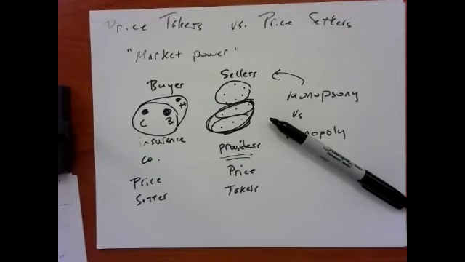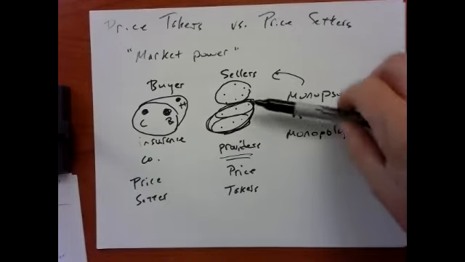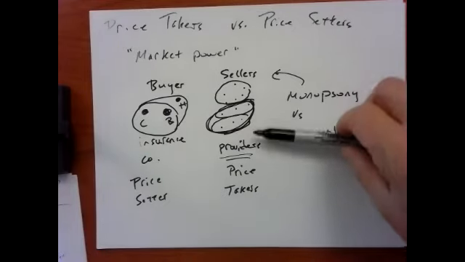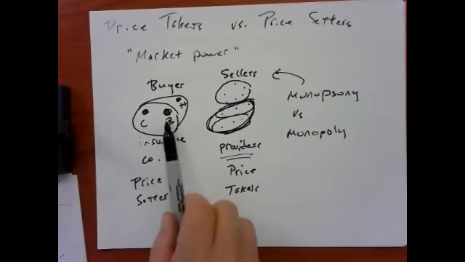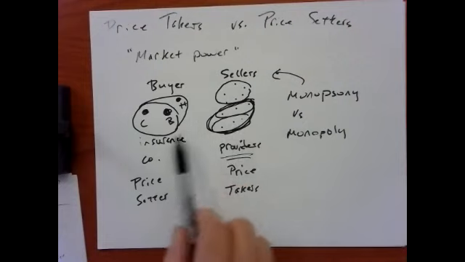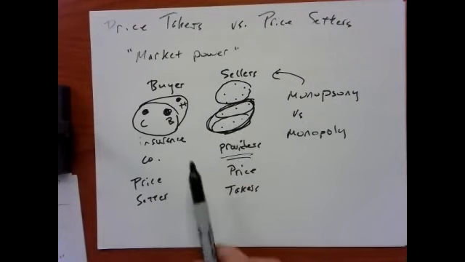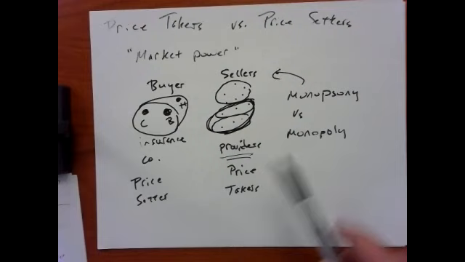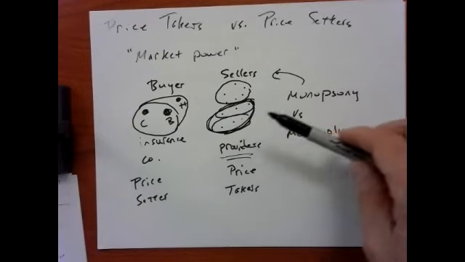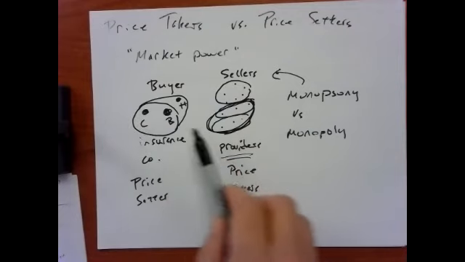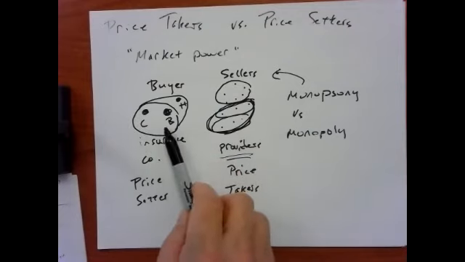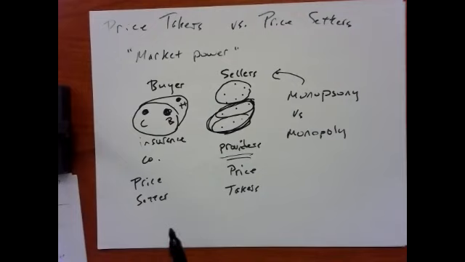And it usually comes about as a result of having either more sellers or more buyers. If there's one buyer and multiple sellers, that's monopsony power. That means the buyer has power.